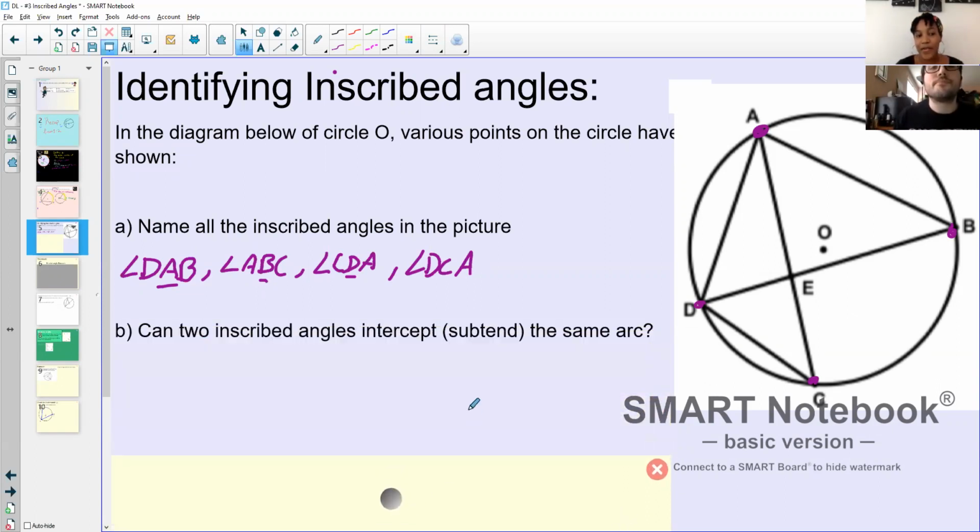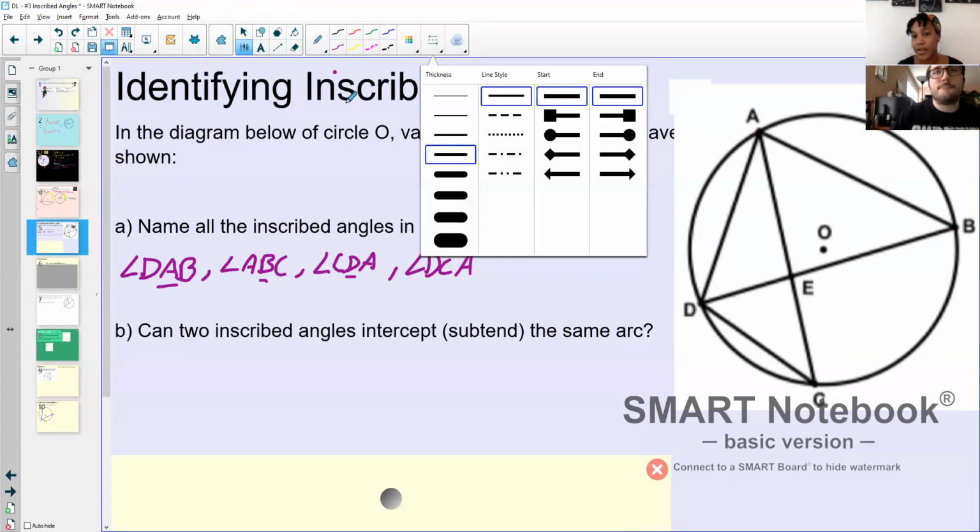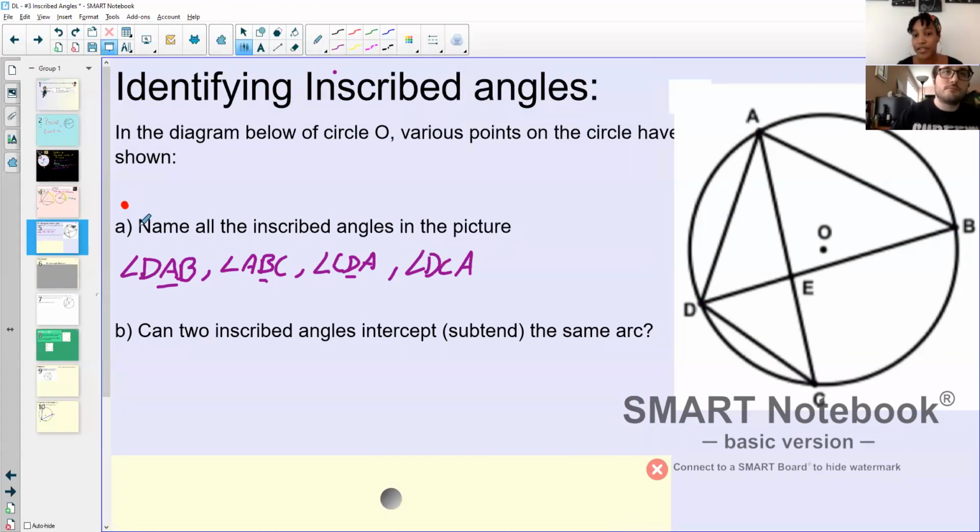So a second question to follow up with is, can two inscribed angles intercept, or the mathematical word for it is subtend, the same arc? Remember, we told you when angles intercept the same arc, look for that crust of the pizza. Where the V lands, that crust area is where they're intercepting.